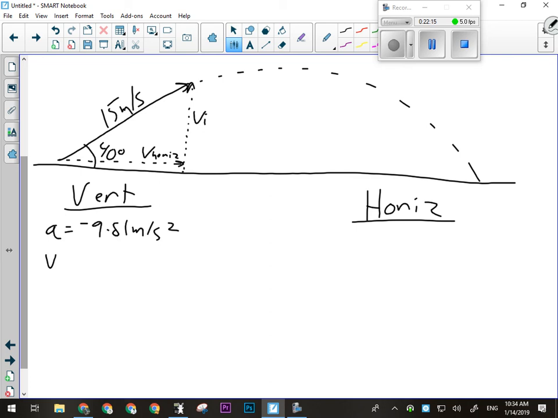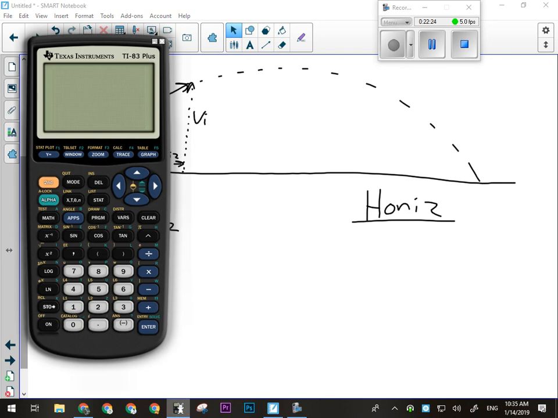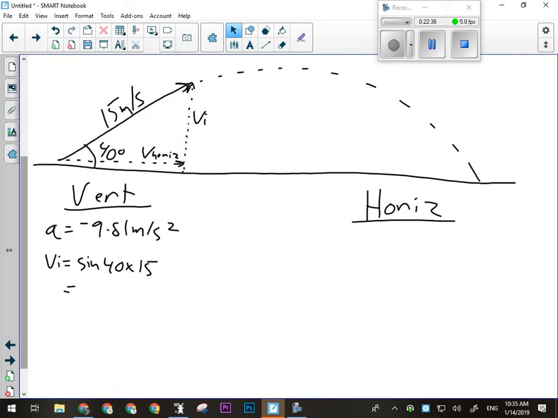I'm going to find VI by going sine of 40 degrees times 15 meters per second. So the initial vertical velocity is 9.64 meters per second.